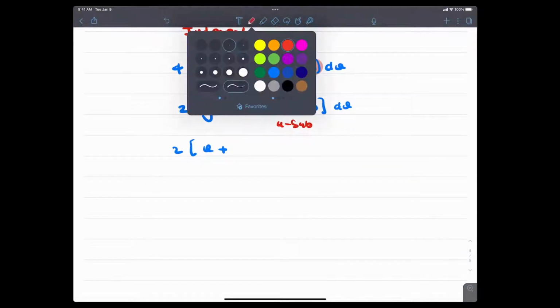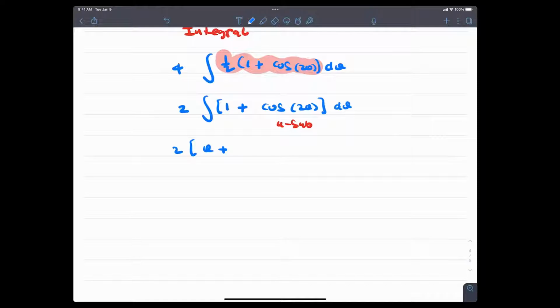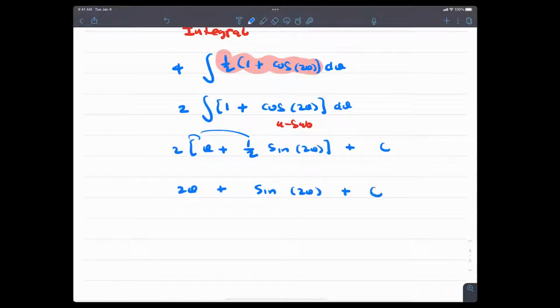So if you guys remember, the derivative of sine is cosine. So it'll be, and this is u sub by 1/2 what? Sine 2 theta, right? Plus c. So 2 theta plus, distribute this, 2 theta plus sine 2 theta plus c.